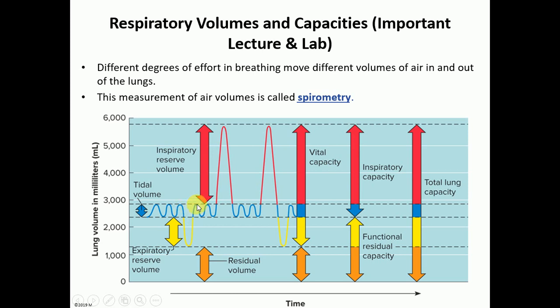Okay, if you ask them to take a normal breath and then inhale as much as they can, the amount of air that they take in after a normal breath is known as the inspiratory reserve volume. Meaning, how much reserve space do I have in my lungs to inhale extra air after a normal inhalation?